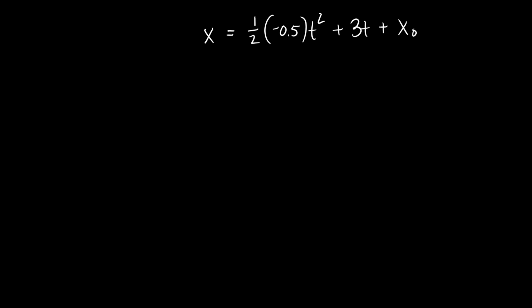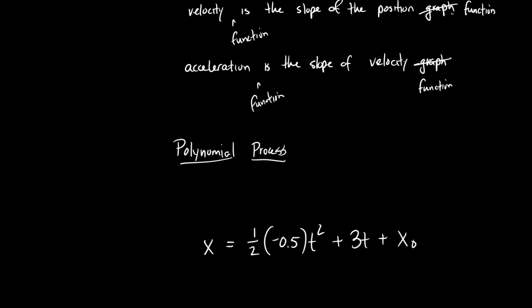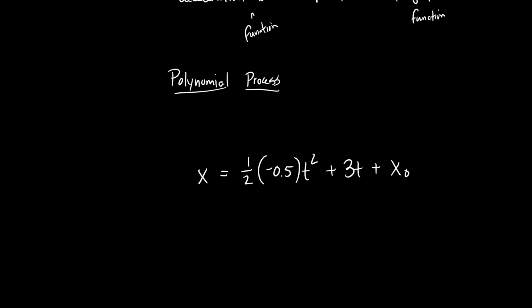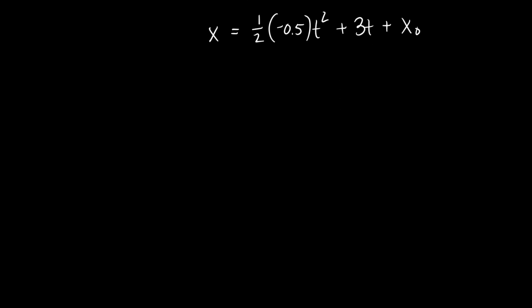I am going to say that the phrasing from earlier, velocity is the slope of the position function. You know slope as delta y over delta x. Don't write that down. We're not using y and x, and you know it.